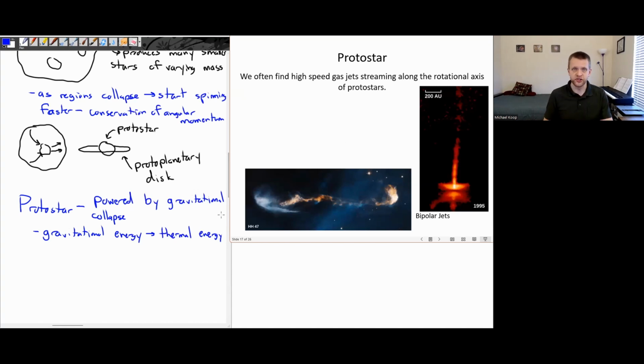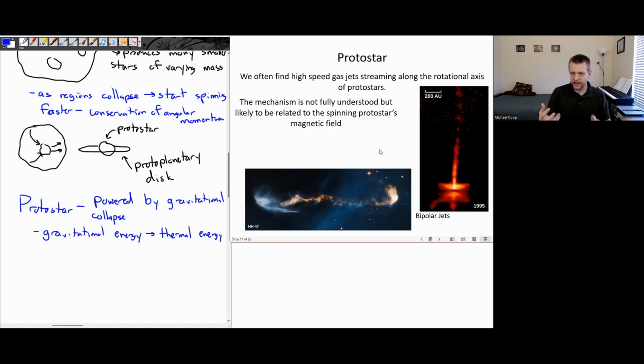These protostars can be violent objects. We can sometimes see high-speed gas jets streaming off the rotational axes of these protostars. So again, this is an example of the protoplanetary disk, the part that's a little bit blocked out. And then above and below that disk, the protostar would be in the middle. And this gas is spinning around the protostar.